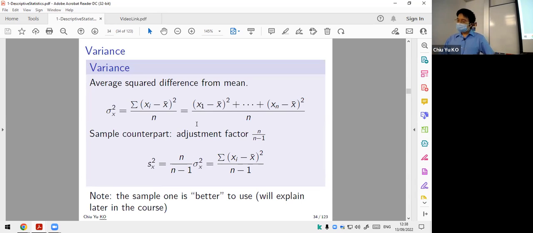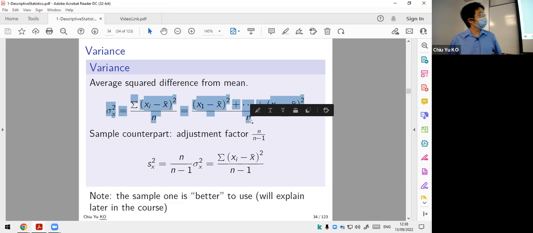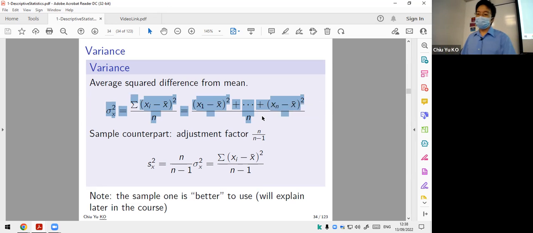And there's one thing we learn, which is the sample counterpart. Why you have 2 things here: this is the population version, the thing we care about. You should use this one when you actually have all the things you need to know, right?